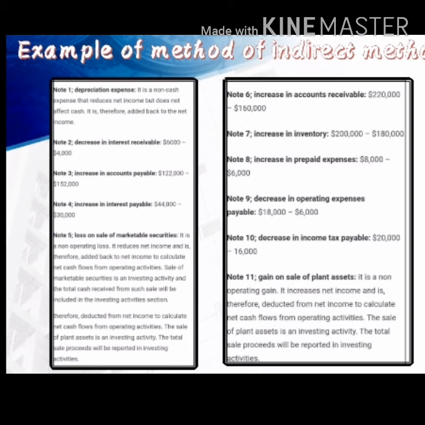Then next is number 9, the decrease in operating expenses payable. This operating expenses payable is also defined as other accrued expenses payable that is under the current liabilities of the balance sheet of the XYZ company.